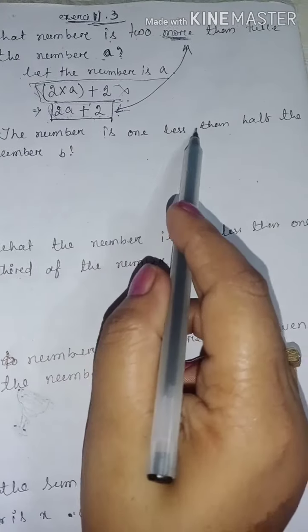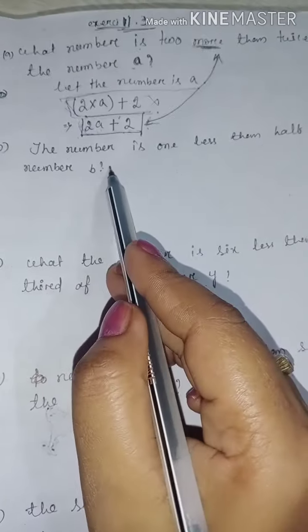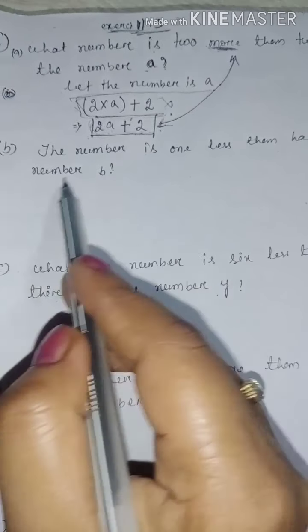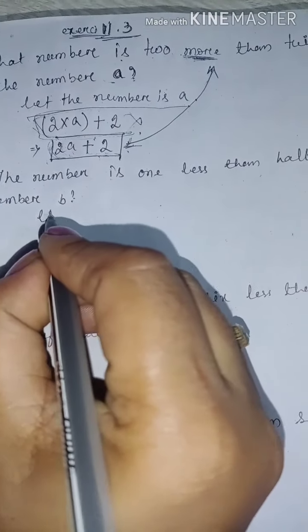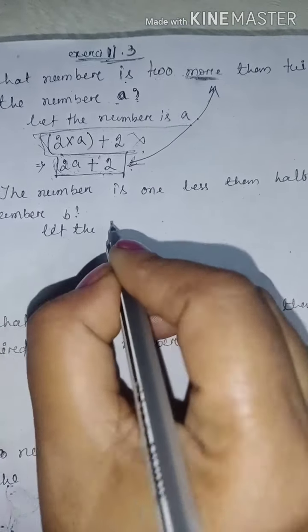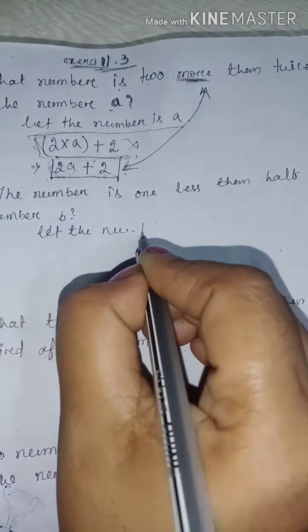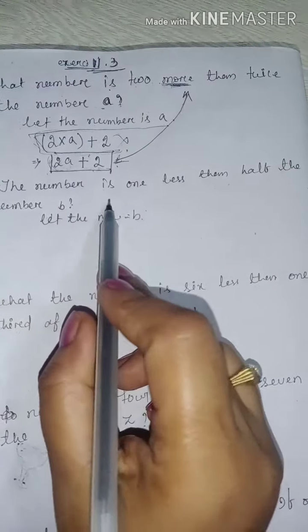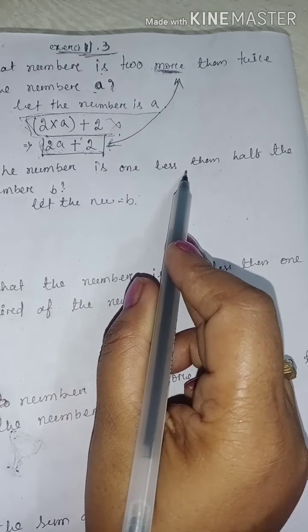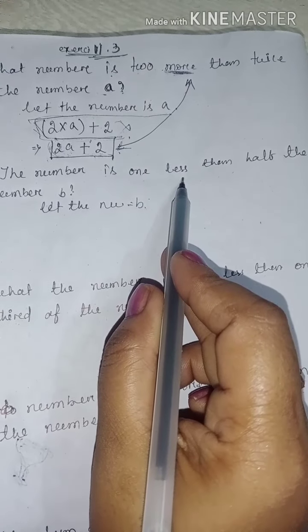The number is 1 less than half the number B. Okay, let the number be B. The number is 1 less than, which means minus 1.